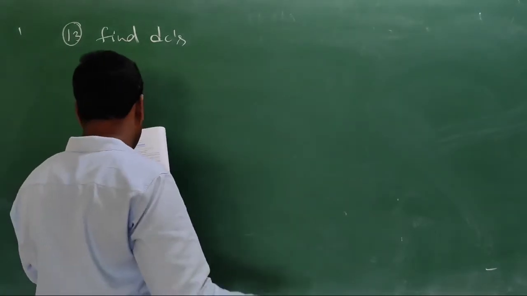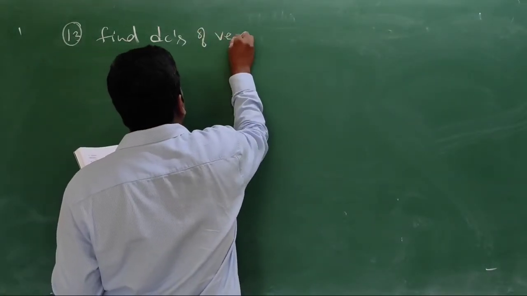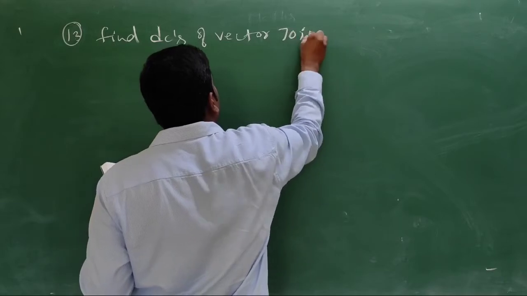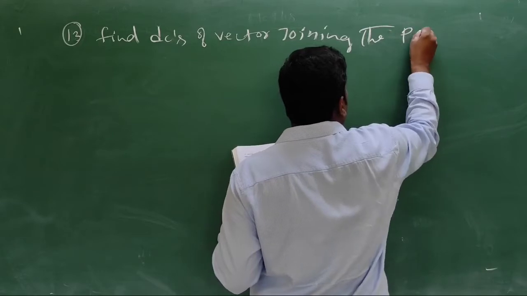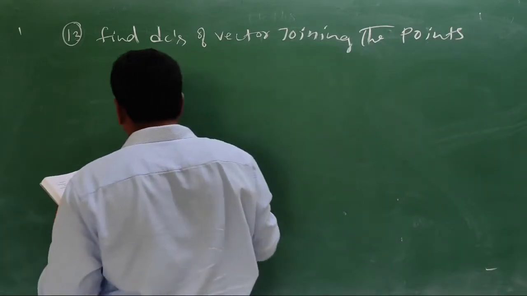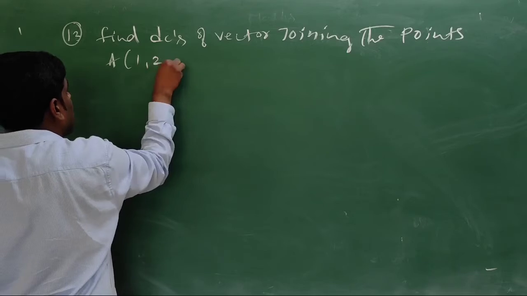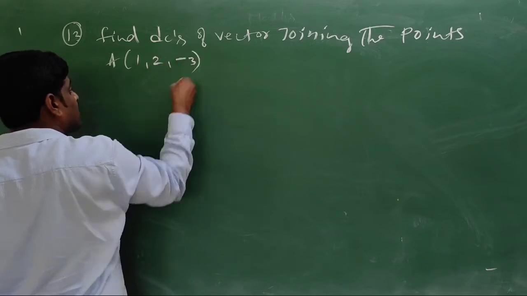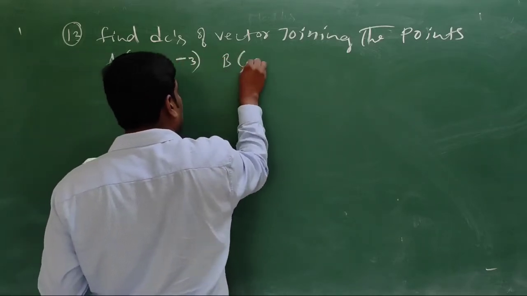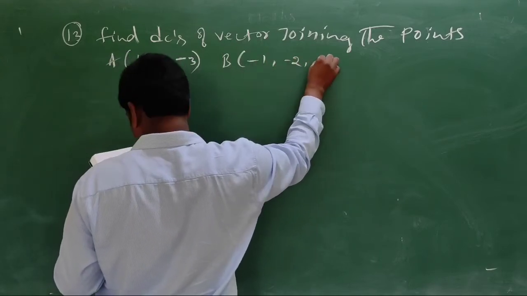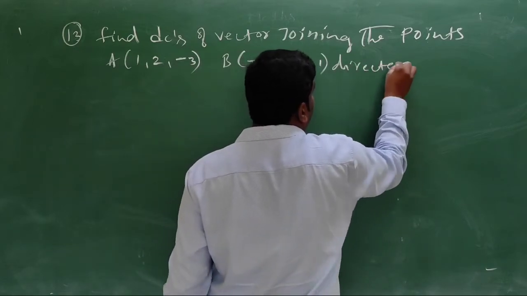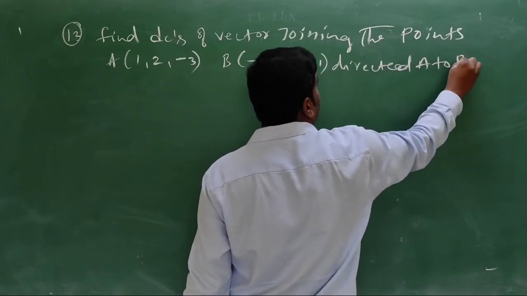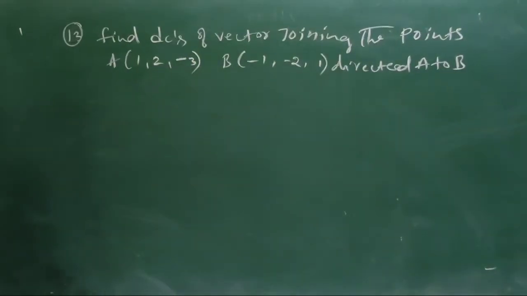Find the DCS of the vector joining the points A(1, 2, -3) and B(-1, -2, 1), directed from A to B. Now you have to find direction cosines.